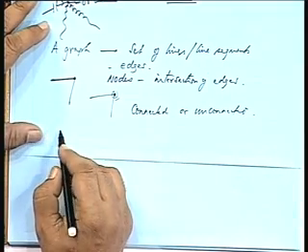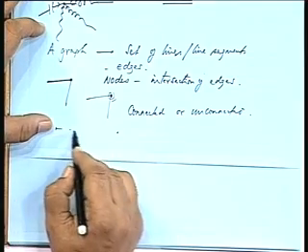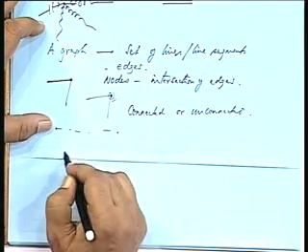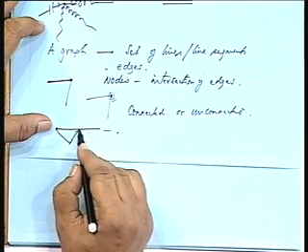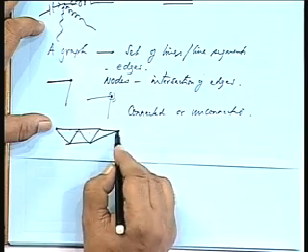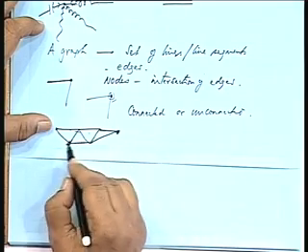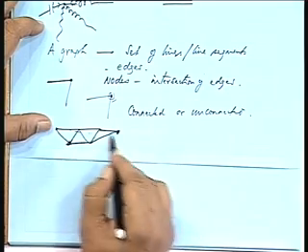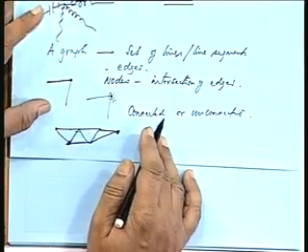That means between any two vertices, if there is a path existing, all right, between this point and this point, I can always find some path. Okay. So this is connected, this is a connected graph.